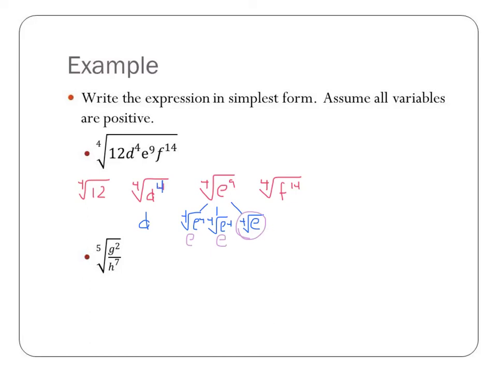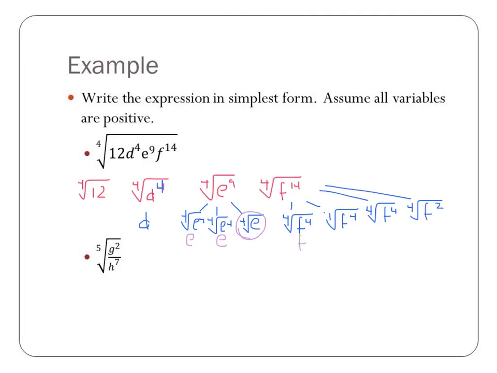And the last one, and so hopefully you've caught on, I'm making them in groups of 4 because they cancel with that 4th root. So there's 8, there's 12, and so how many do I have left? 2 more to make 16.